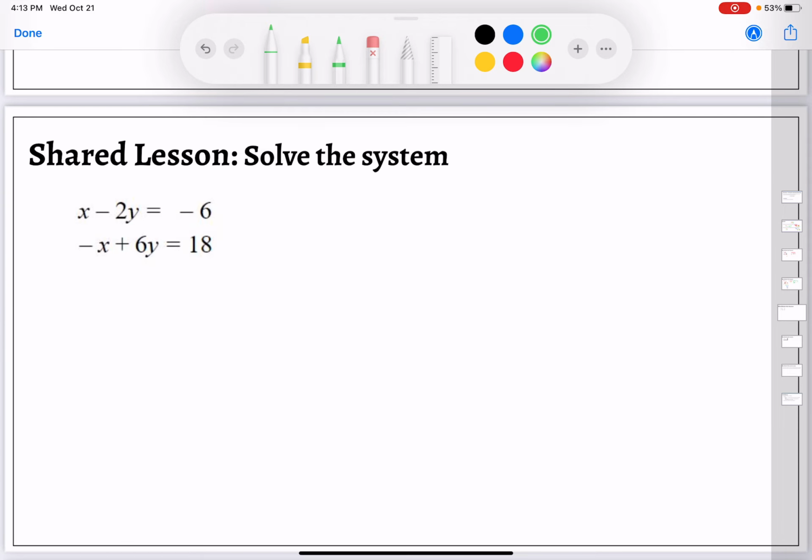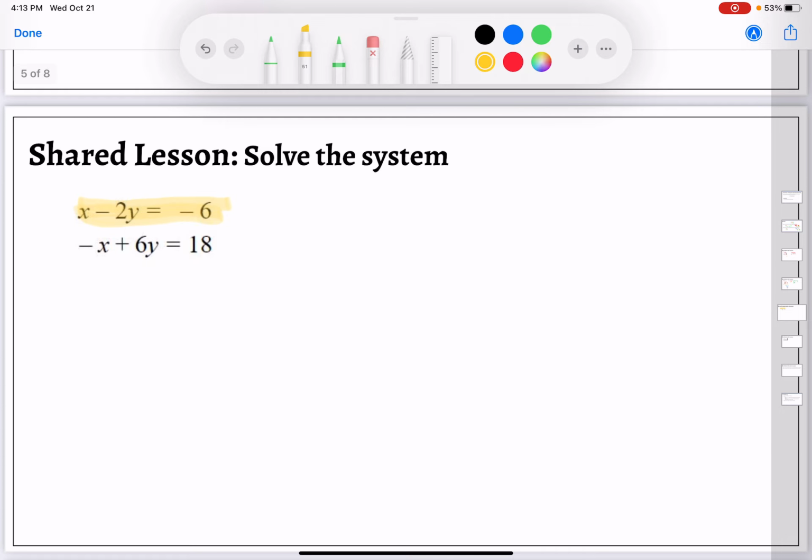My other hint for you is this. You should be able to get an x or a y by itself in one step. So look for the equation where you could just move one thing and you'd have an x or a y by itself. So if I look at this one, I'm going to take a look at that top equation. You know what? That was too dark. I apologize. You couldn't really see it anymore. So right here, this guy.